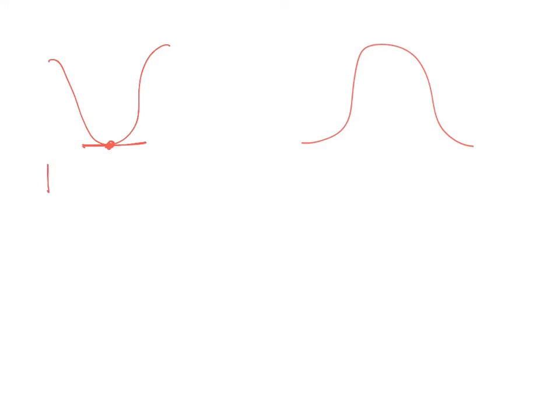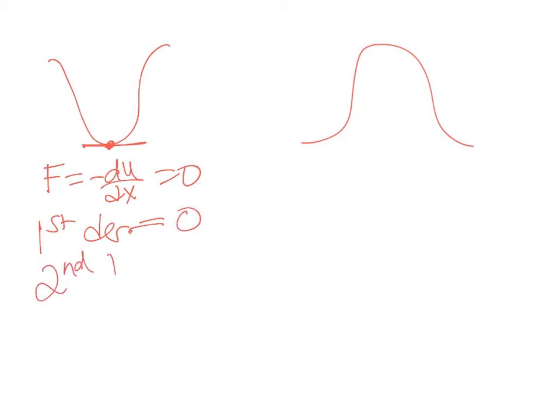So the force is negative dU/dx equals 0, so the first derivative equals 0. But what is the second derivative here? And actually I will erase that equal sign and replace it with that, right?